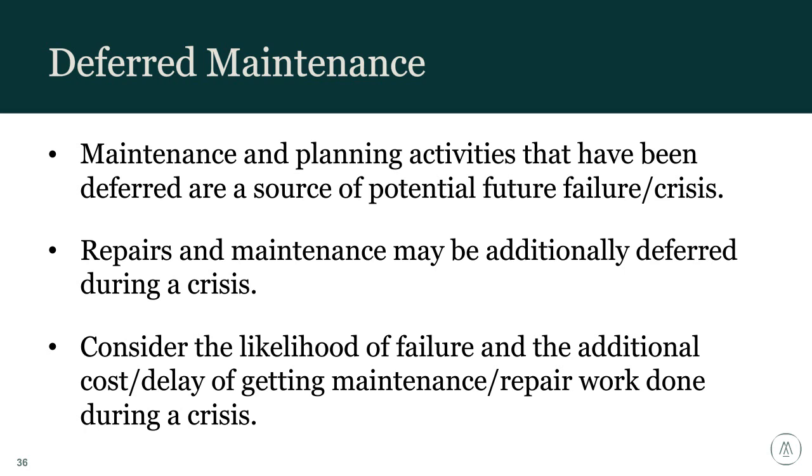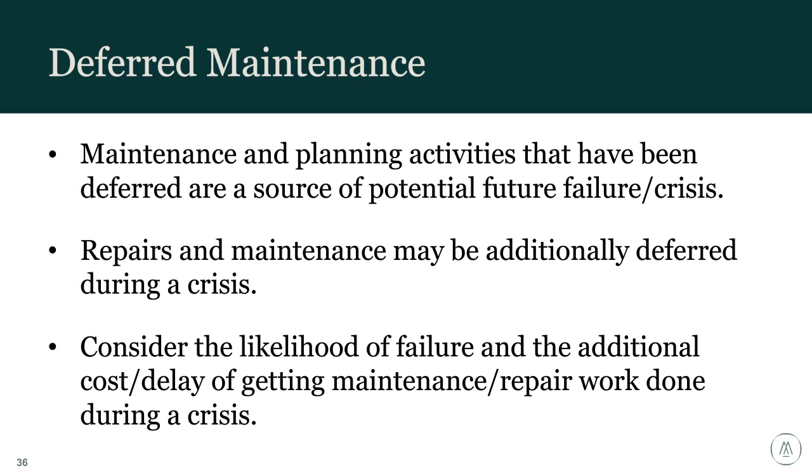So the first is deferred maintenance. As I mentioned earlier, we really tend to put off repairs and we wait until our systems fail to replace them. But during continuity planning, we need to face what we have put off. It's really important to assess your facilities, your equipment, your vehicles, your technology, identify where there might be deferred maintenance, and then whether an emergency would increase the impact of that system or facility or property failing to your organization.